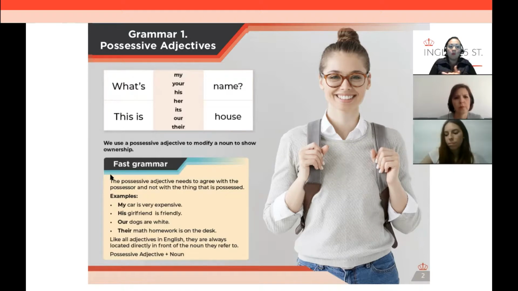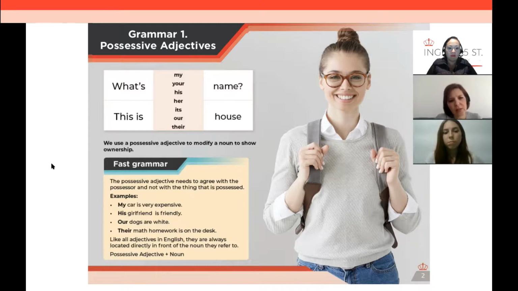Okay, so Tanya, can you please do me a favor and read the fast grammar? Yes, the possessive adjective needs to agree with the possessor and not with the thing that is possessed. Examples: my car is very expensive, his girlfriend is friendly, our dogs are white, their math homework is on the desk.